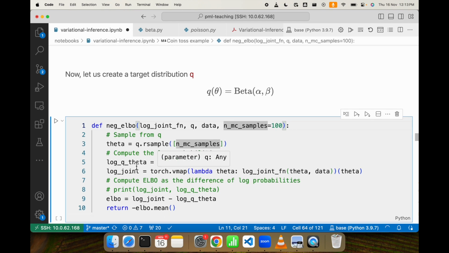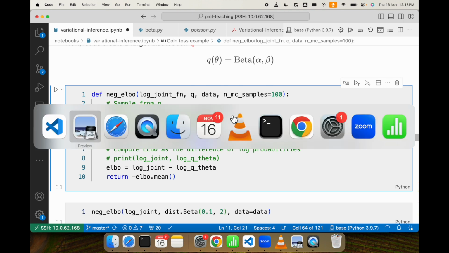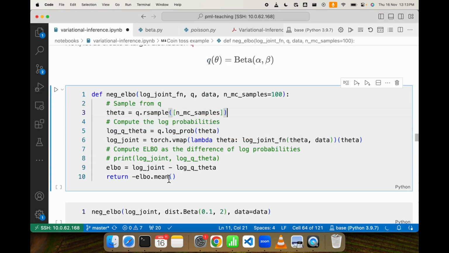Log of Q theta is obtained by plugging those samples into Q's log prob method. For the log joint also, I'm creating a vmap over the theta dimension, and then computing it over the samples that I've got. So effectively this is just Monte Carlo sampling. Generate n Monte Carlo samples from Q theta, plug them into this expression, and then take the mean over them. So 1 over n, that is the Monte Carlo expectation.